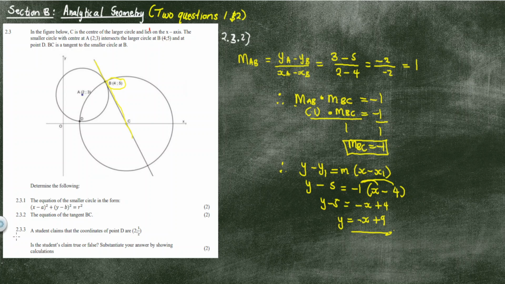Then at 2.2.3 you have a situation where a student claims that the coordinates of D are (2; 5). Is the student's claim true or false?